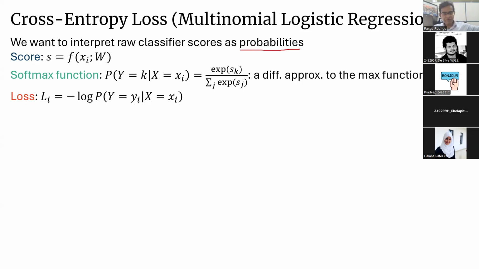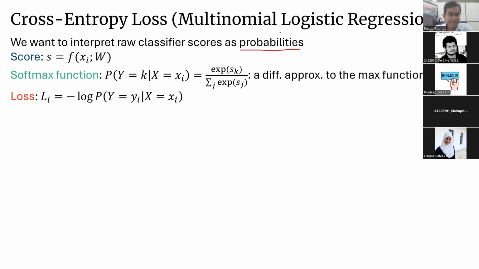Classifier scores can be 100, minus 100, 200, 1000, and so on. We want to take all of them and turn them into probabilities. What do we have to do? Probabilities are positive, so we have to convert them to positive, and we have to normalize. That means add all of them and divide by that number so that the summation is 1. Making them positive and normalization are important.